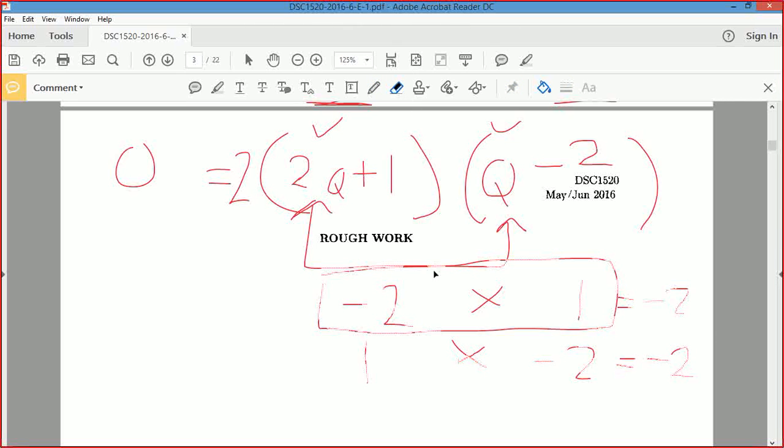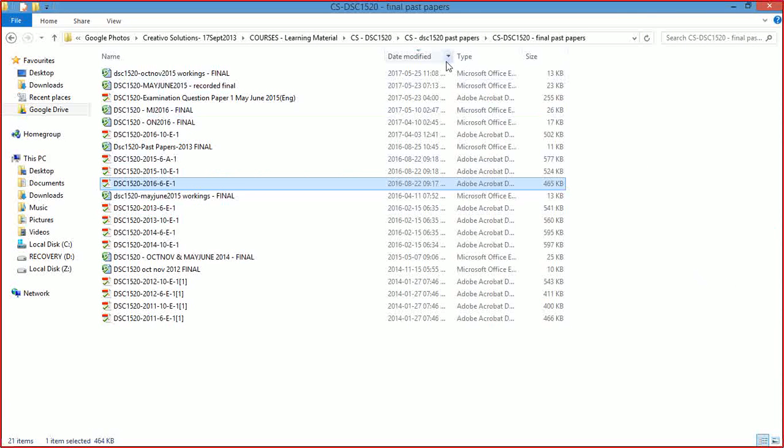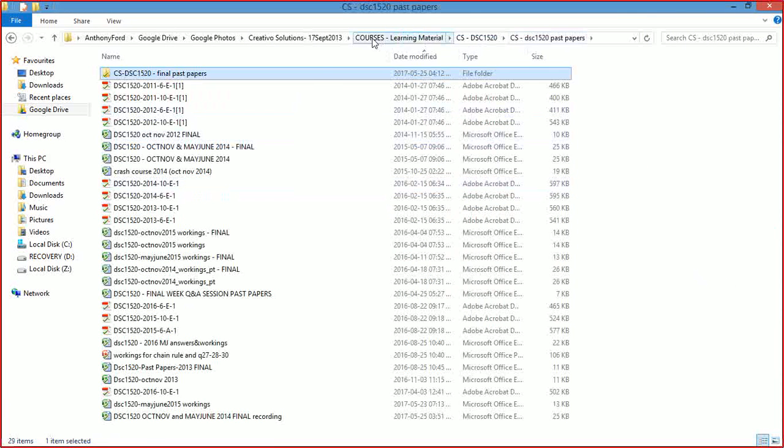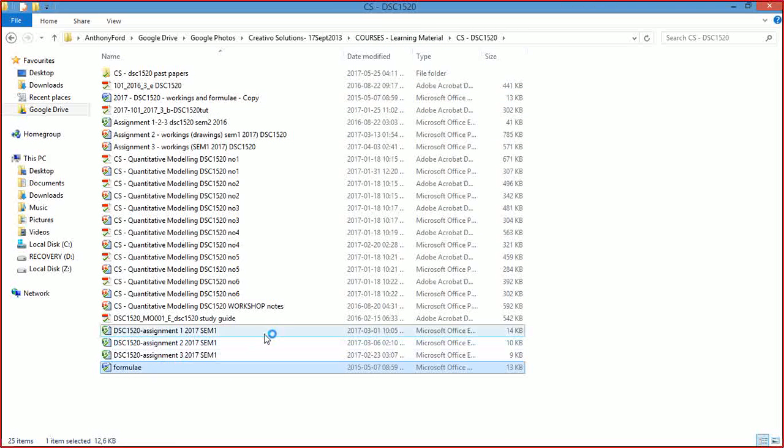Right, so if we wrap up the working there, there's no other way to work that out unless you have the quadratic equation. Let me open up the file. Where's the formulae?